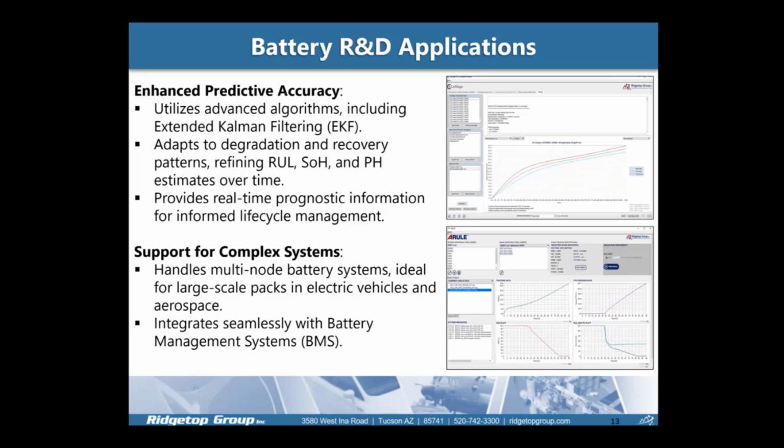So very, very useful in terms of normalizing the feature data that is serving as the input and then doing Kalman-like filtering or extended Kalman-like filtering to do that future prediction for state of health and remaining useful life. It's also important to note that ARULE can be designed or implemented to account for several nodes and not just a battery management system or for a particular battery pack, but for any given system that you're trying to monitor.